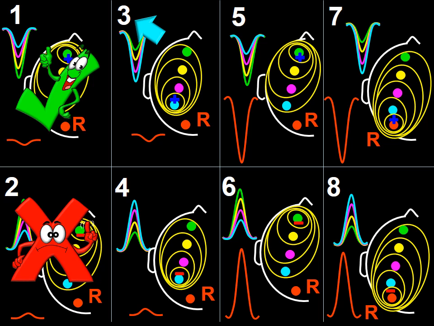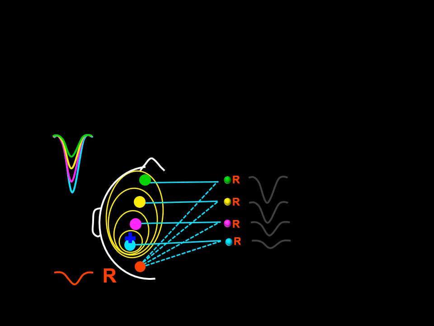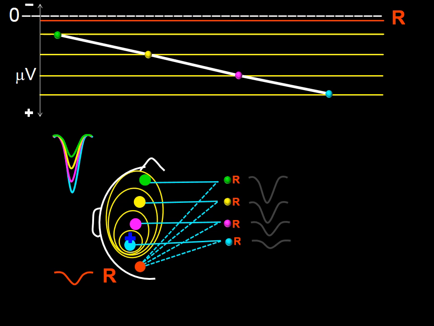Next, we should analyze option 3. In this frame, I am representing the corresponding isopotential map, the corresponding wave, and in gray by the side, the waves in question. Now I have added the corresponding voltage graph.